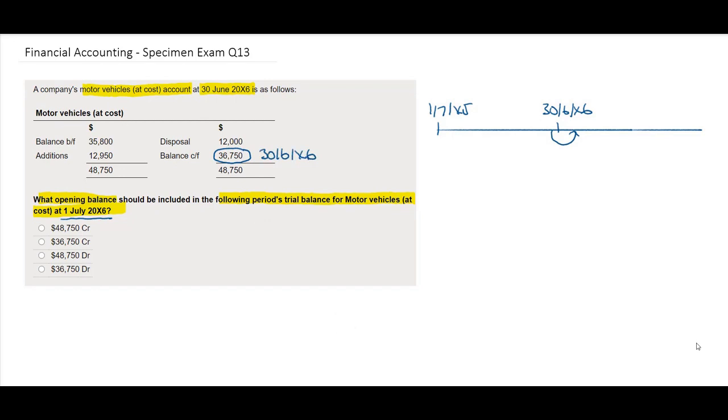Therefore, to show the opening balance in the following year, we would then need to transfer that balance over onto the debit side and therefore show from the 1st of July the 36,750. This is an asset account. Assets are debits. We can see that the balance has been brought forward onto the debit side, and so therefore the correct answer is the fourth option, 36,750 on the debit side.